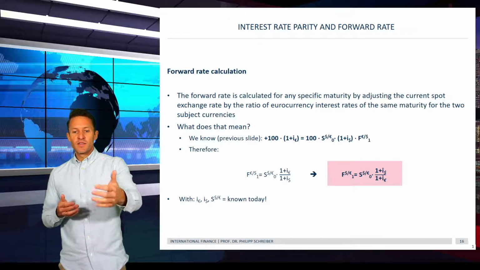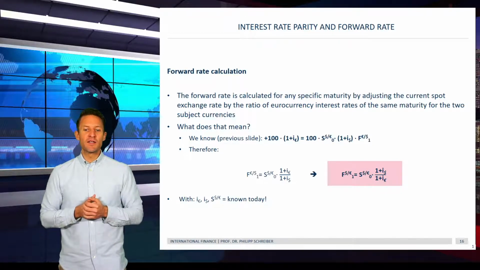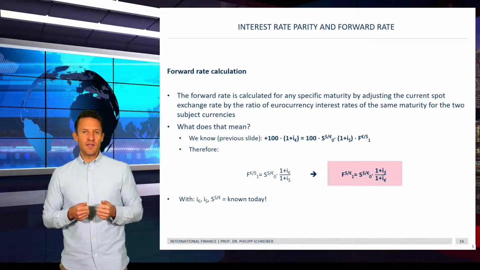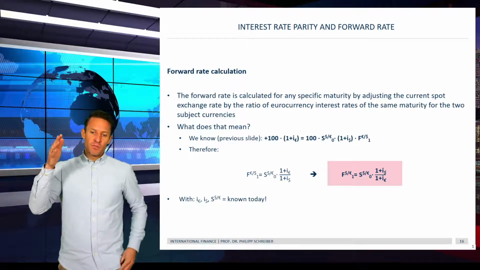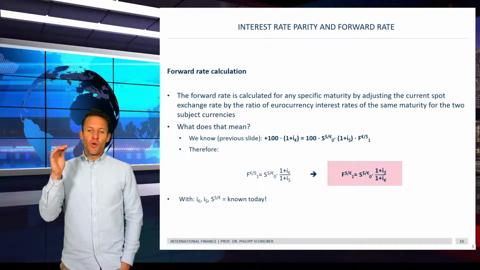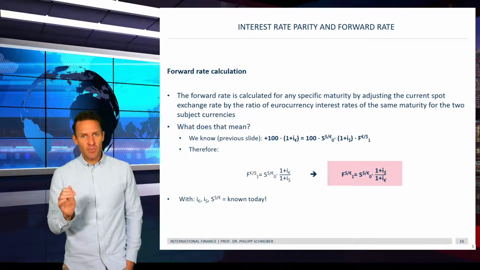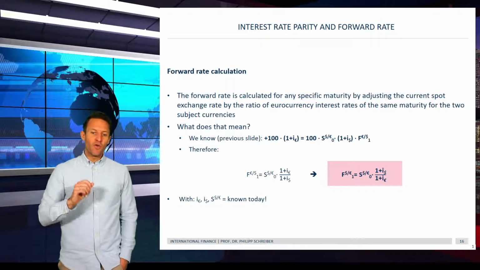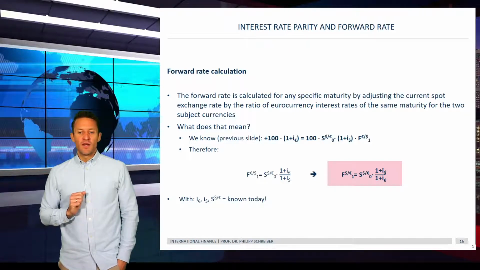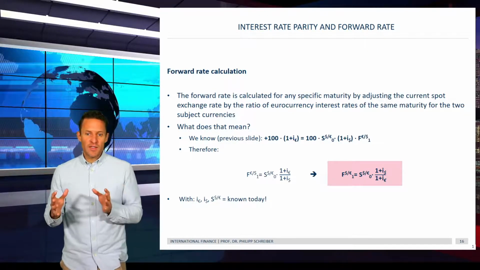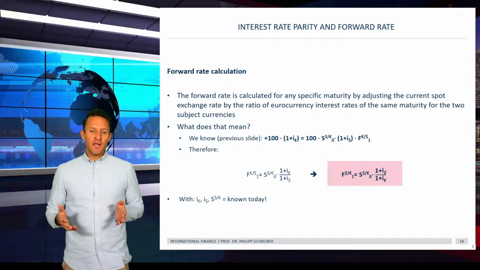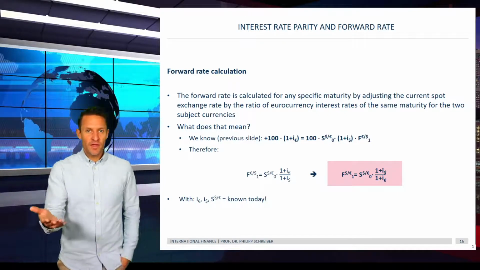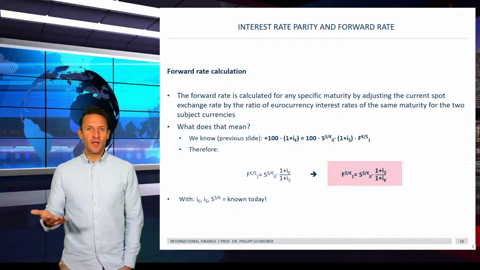So this simplifies to forward rate dollar euro is spot rate dollar euro times a fraction, 1 plus dollar interest rate divided by 1 plus euro interest rate. Here the formula in the pink box. And the cool thing about this is, you might say, okay, that looks super complicated, but you can look up everything today that you need to calculate the forward rate.